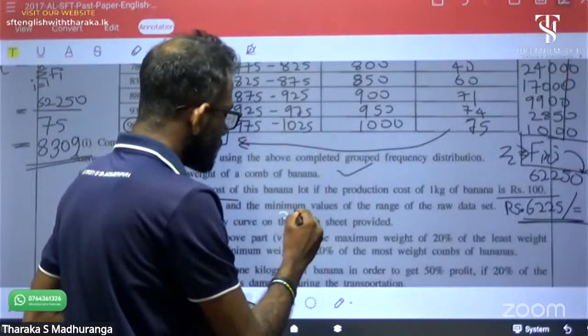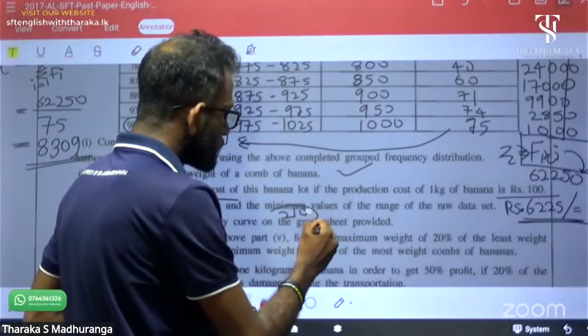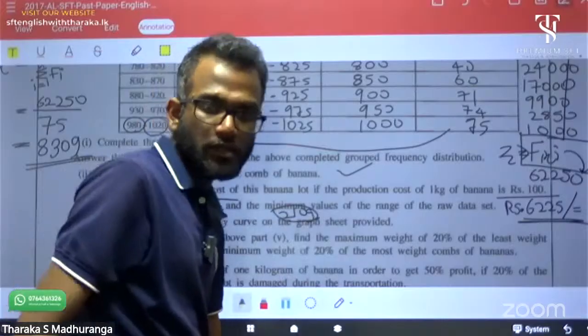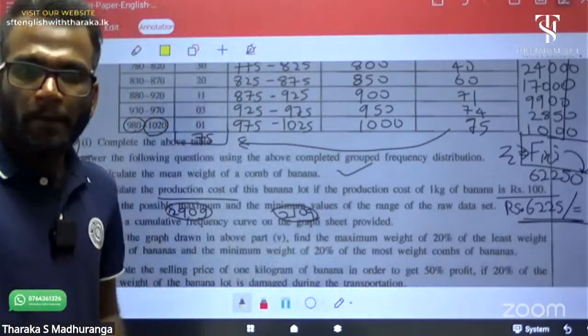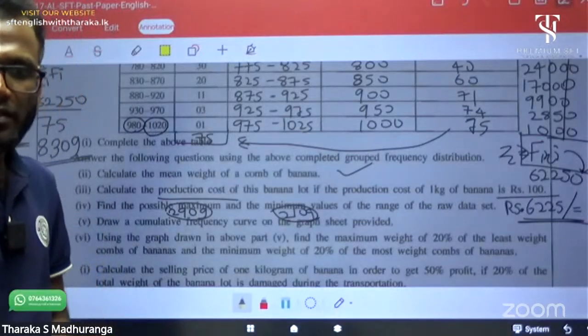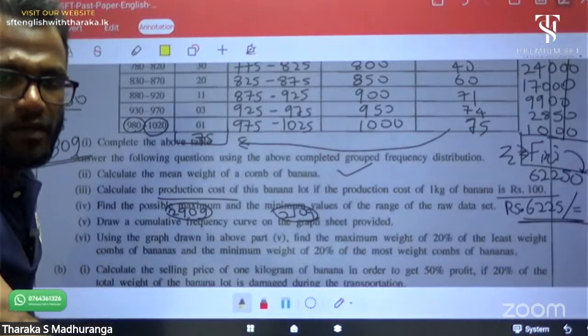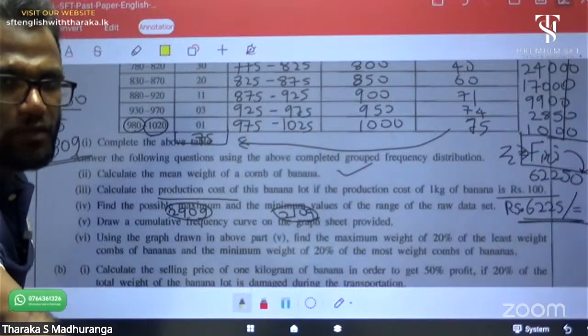Minimum value 210 grams. Okay, understood? Clear? Habib, Joel?